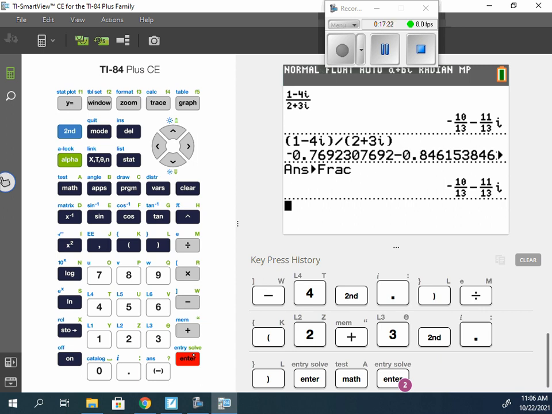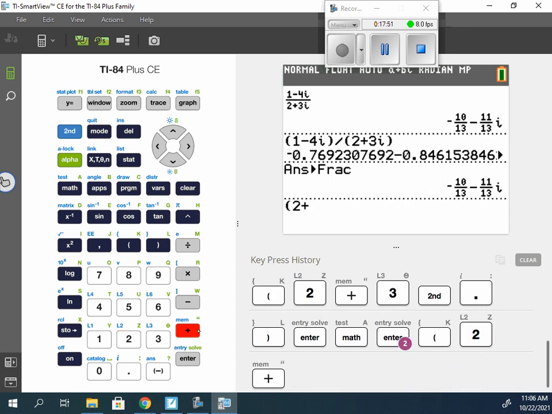Any questions on this here? Well, let's go on and look at the next one. So if we wanted to type it in, it would be 2 plus 5 second I, close parentheses, divided by, what would we type in next?